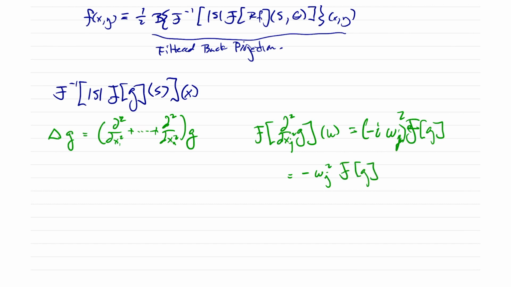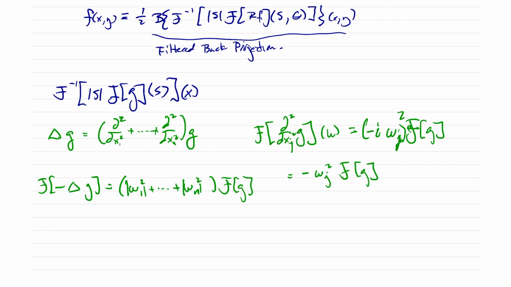And then we can see that the Laplacian itself, so if we take the Fourier transform of negative Laplacian of g, then this is going to be w1 squared plus all the way up to wn squared times the Fourier transform of g. Okay, and now we can put absolute values in here, and then there we go.